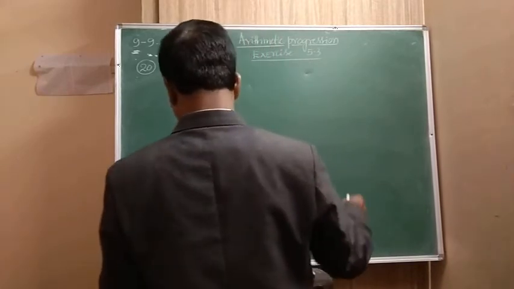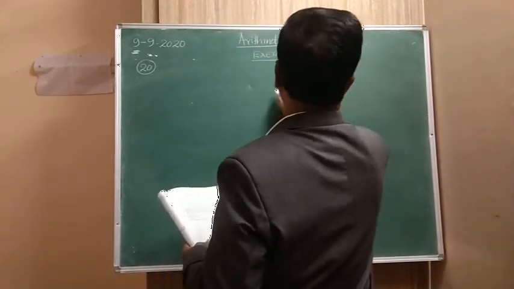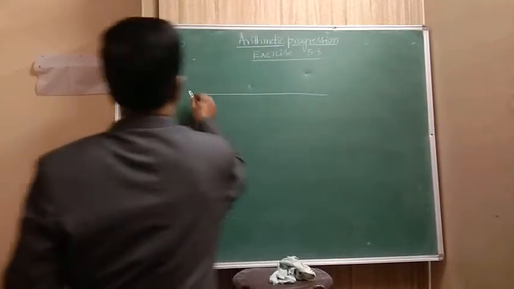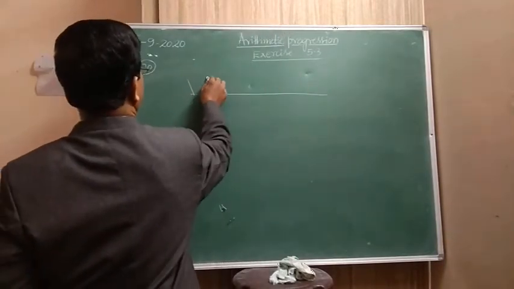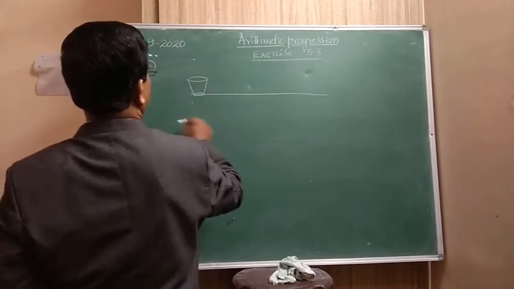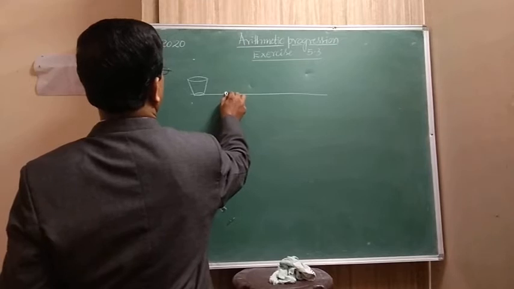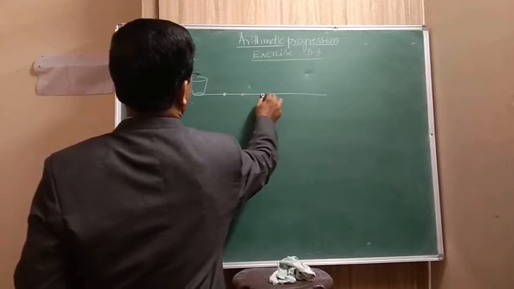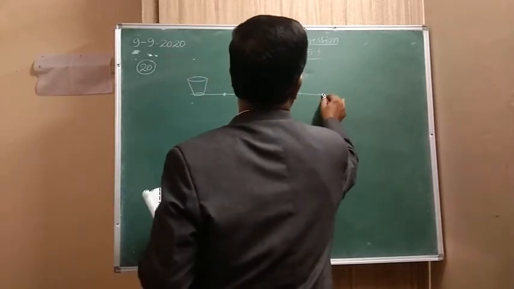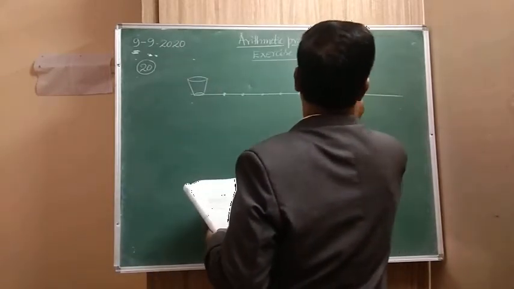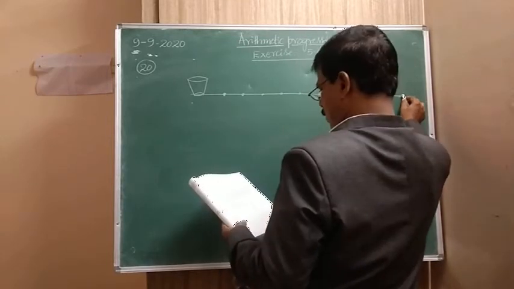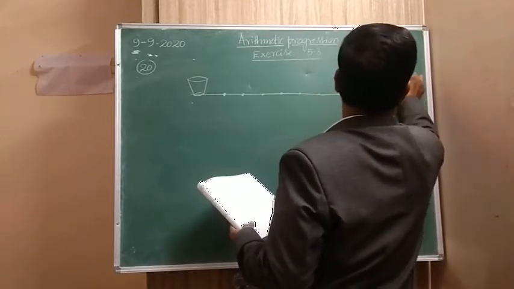Here is the picture. This is the straight line. Here is the bucket. Here is the one potato, 2, 3, 4, 5, 6, like this, 7, 8, 9, and here is the 10. Here some trees are there.